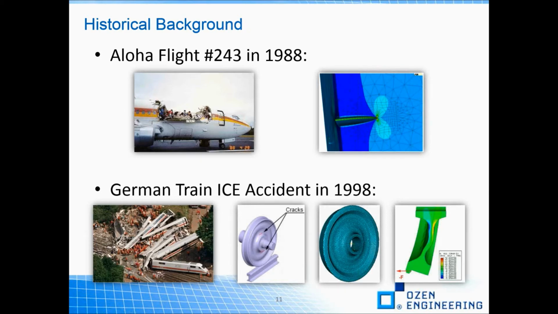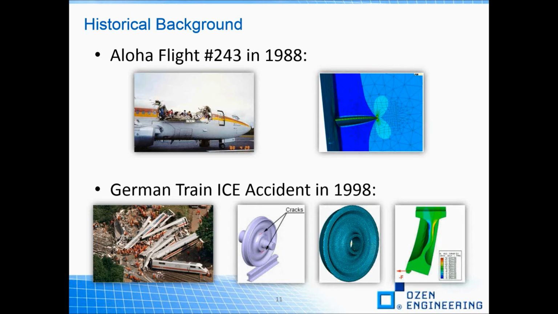Another accident from the aviation industry is the Aloha Flight number 243. The Aloha Flight accident occurred in 1988. In this case, the plane was a Boeing 737 and suffered extensive damage after an explosive decompression in flight.